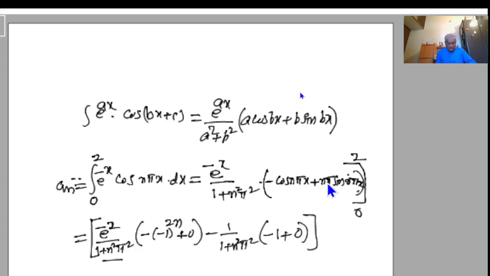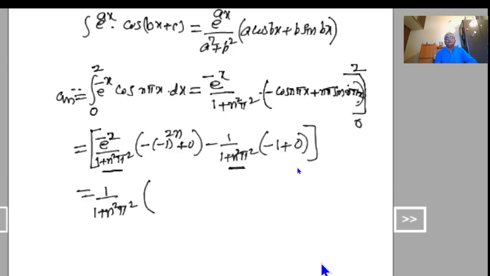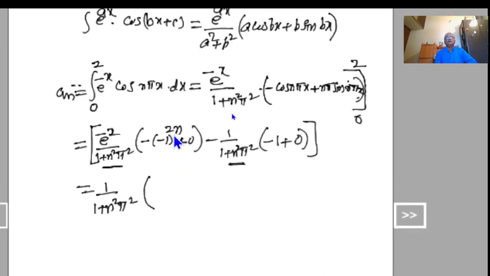Here I will take 1 by 1 plus n squared π squared as a common factor. What remains in the first term? In the first term I am getting minus 1 to the power of 2n, which is equal to plus 1, so that is minus e raised to minus 2.